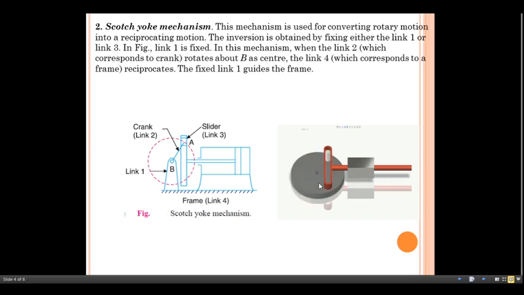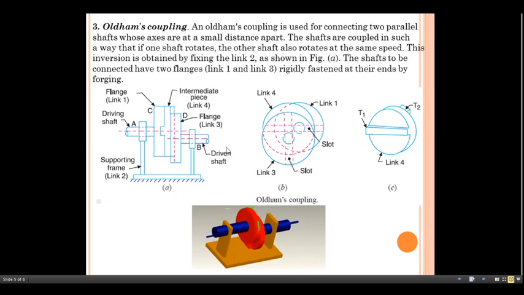Let us discuss the next inversion related to this topic, Oldham's coupling. What about Oldham's coupling? Oldham's coupling is used for connecting two parallel shafts whose axes are at a small distance apart.